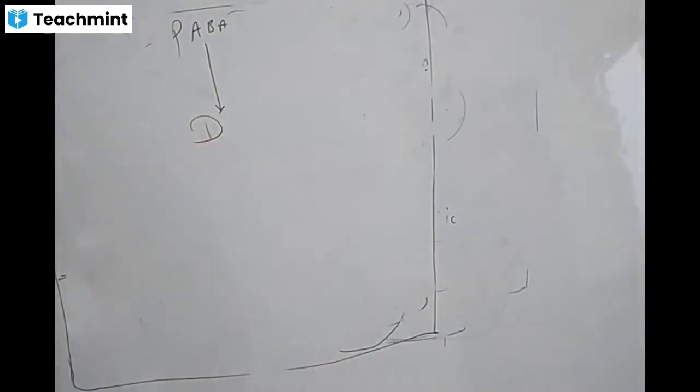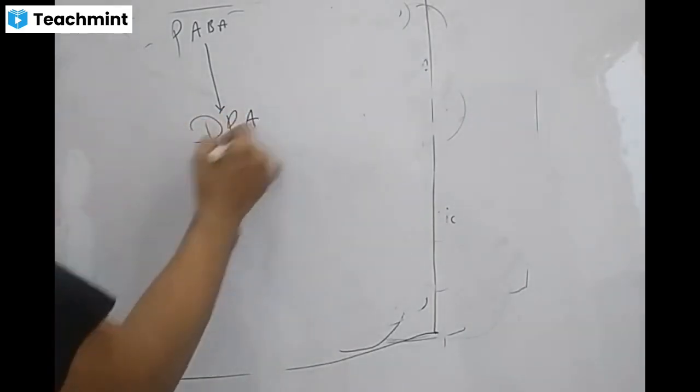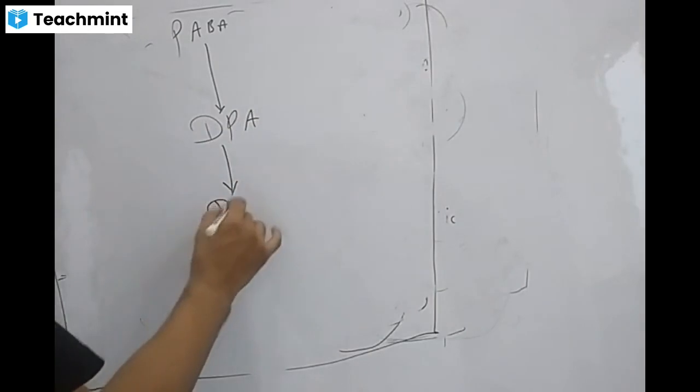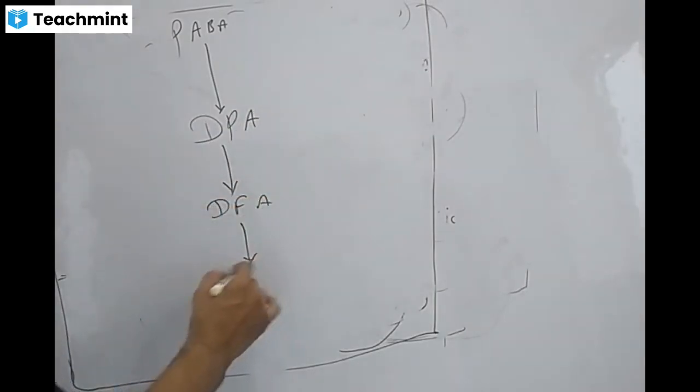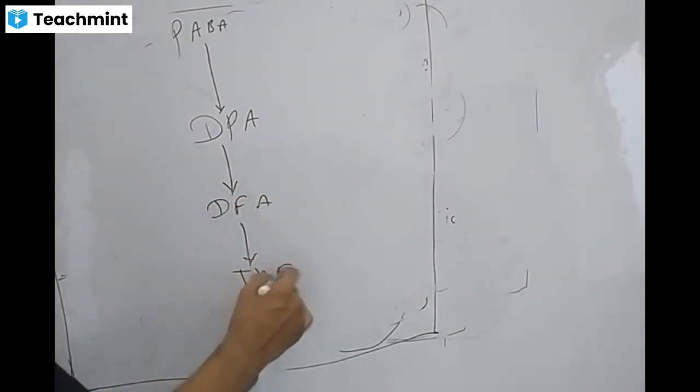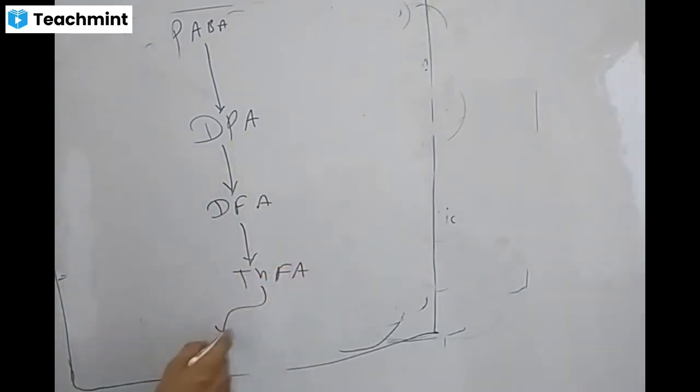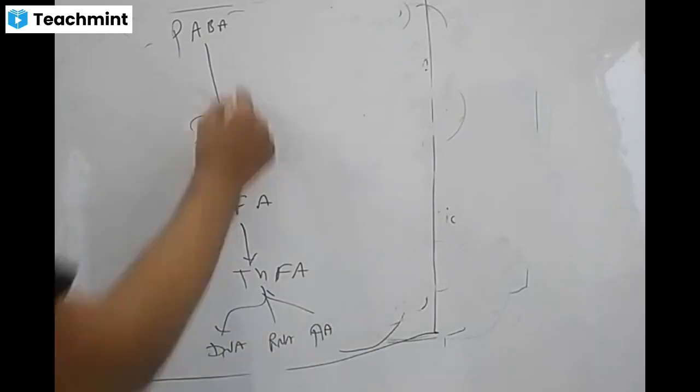Then there is formation of dihydropteroic acid, dihydrofolic acid, and tetrahydrofolic acid. And then it leads to formation of your biomolecules: DNA, RNA, and amino acids.